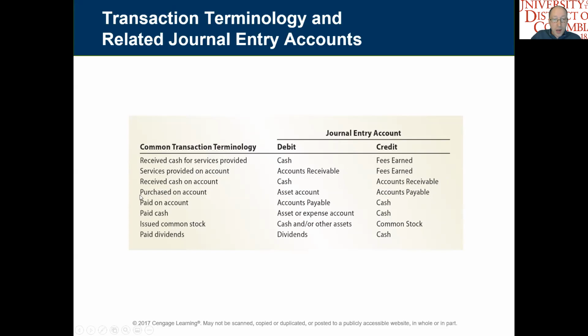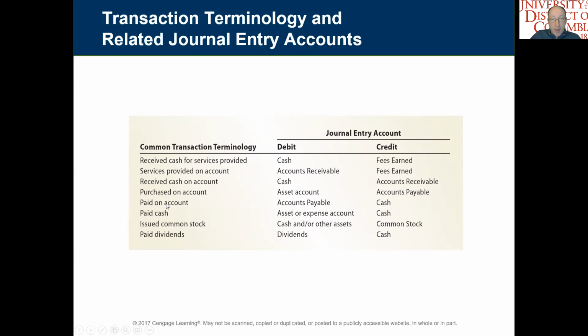In the next transaction, we're making a purchase of something, maybe equipment on account, meaning we're going to purchase now, but we're going to pay them later. So we increase our asset account, which could be our equipment account, and we will increase our accounts payable by crediting our accounts payable account.